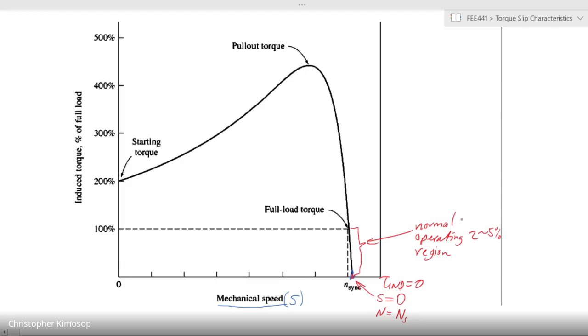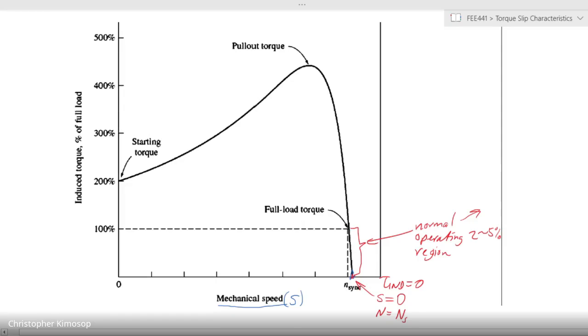That means that within this region, you can expect that the slip is directly proportional to the amount of torque that the motor can provide, or that is induced within the motor. And that is why it is the normal operating region.